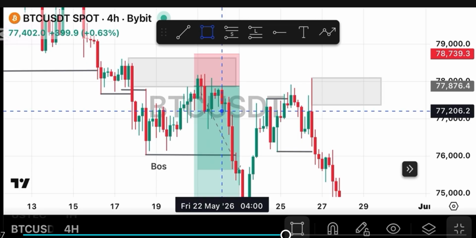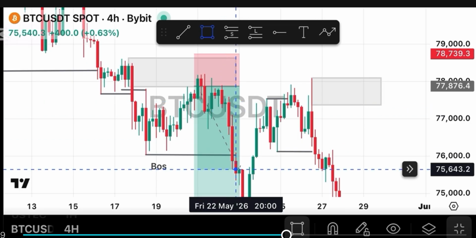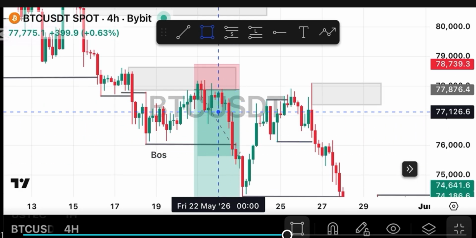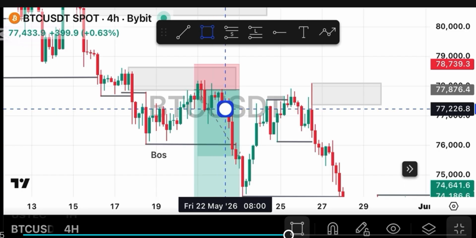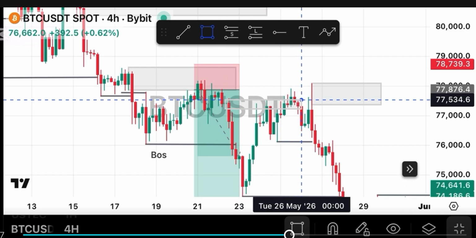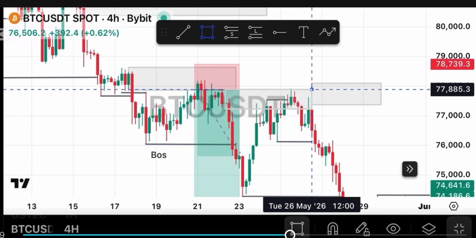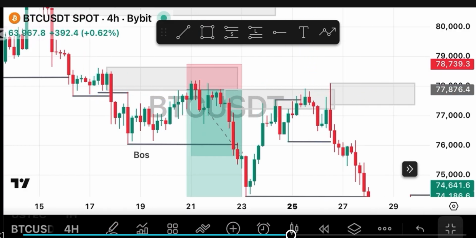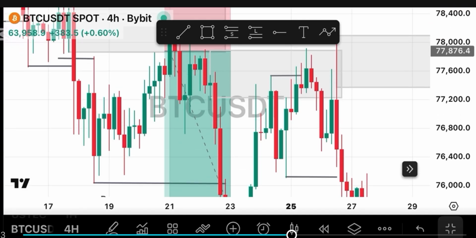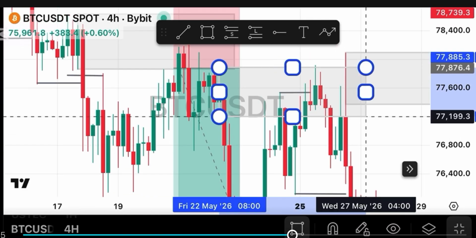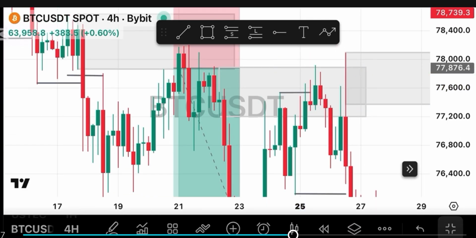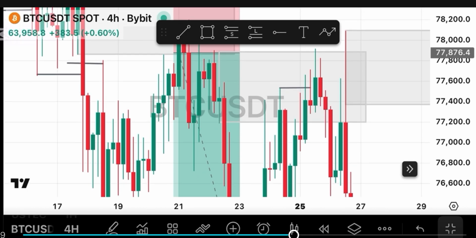This candle, the last candle before the impulse, is our supply zone, and then we can see that the supply zone is also having an imbalance there. So this is our supply zone, right? This is our supply zone. If you zoom closely, you see the imbalance.